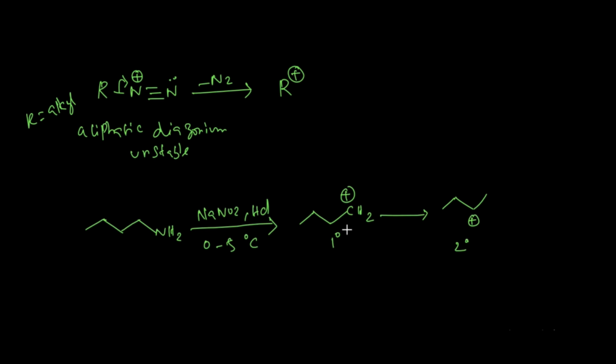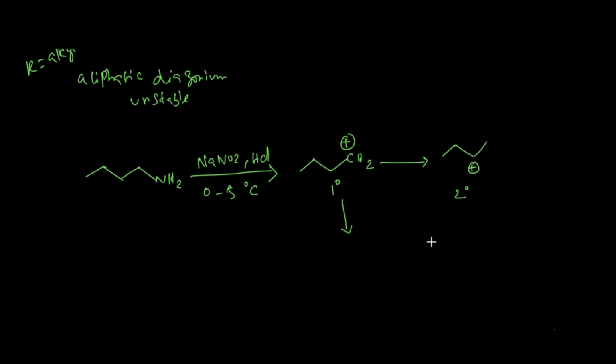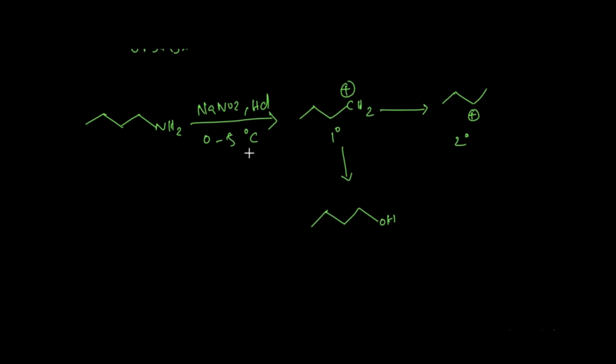This primary carbocation may get attacked by HCl or water in the aqueous condition. We will get some substitution products, you see, like this. We may get like this or like this.